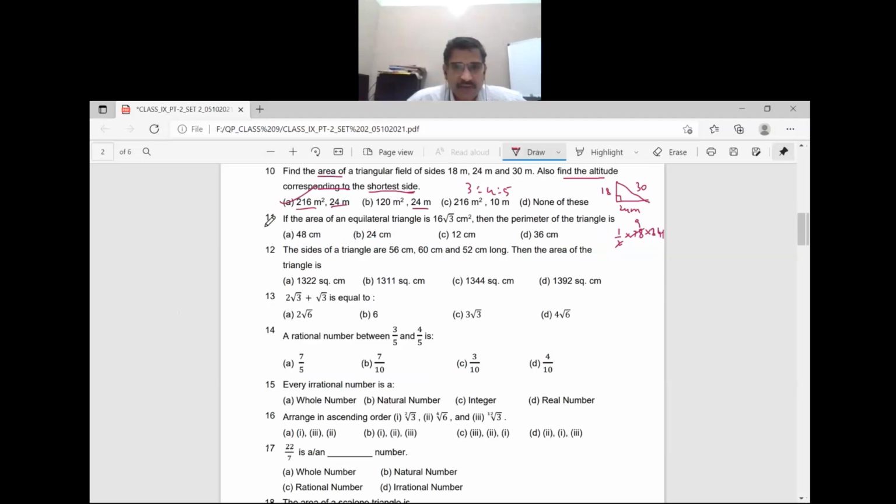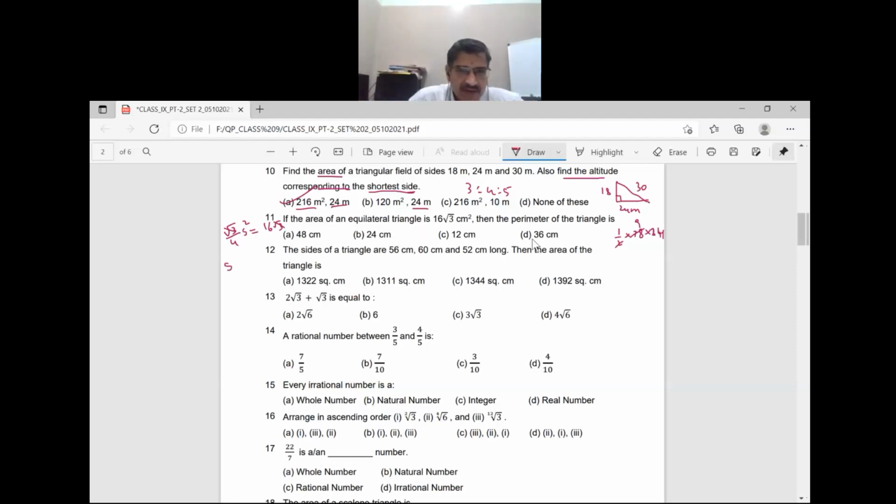Next, 11th question. They said area of an equilateral triangle is 16 root 3. Area of an equilateral triangle is found using the formula root 3 by 4 side square, which is equal to 16 times root 3. Root 3 cancels. Now this denominator 4 goes to that side.